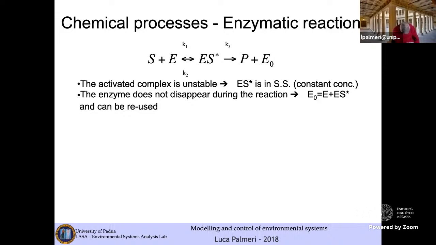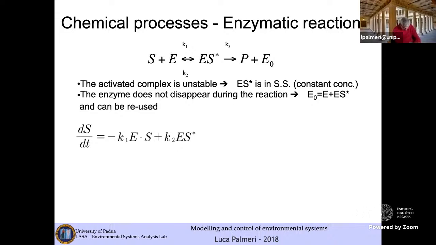Instead, we have an equation that makes the totality of the enzyme E0 equal to the part employed in the activated complex plus the initial concentration E. This means that the enzyme, during the enzymatic chemical reaction, may be reused.